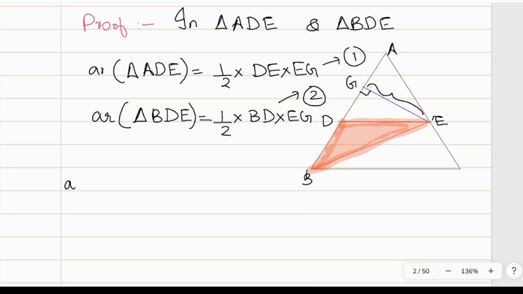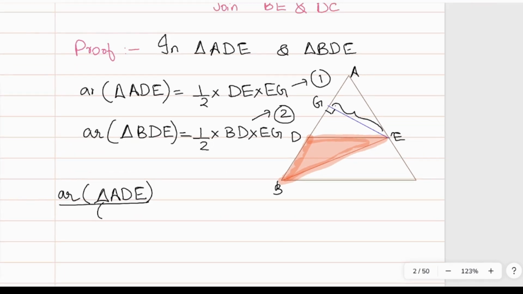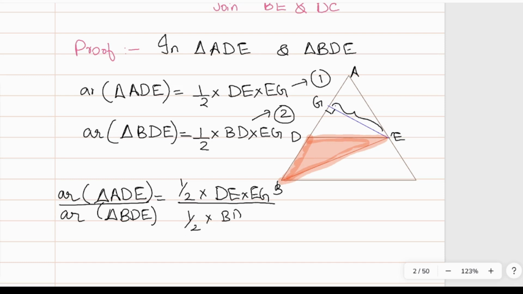Now I have to find area of triangle ADE divided by area of triangle BDE. What is it? Which is equal to half into DE into EG divided by half into BD into EG. So what we can do here?